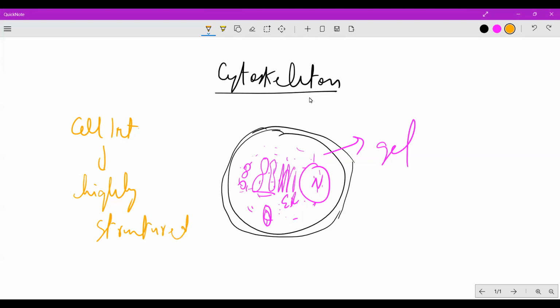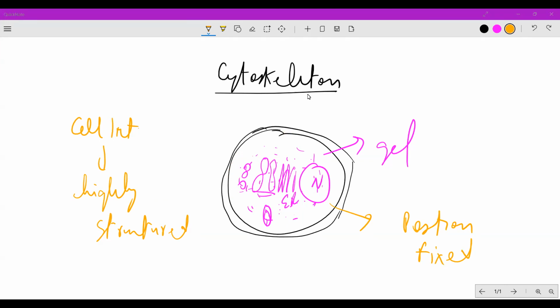Different components, like the nucleus, ER, Golgi bodies, mitochondria, different organelles, have nearly fixed positions. It's not that the nucleus is here today and you imagine it somewhere else tomorrow. No, different compartments and organelles have nearly fixed positions inside the cell.